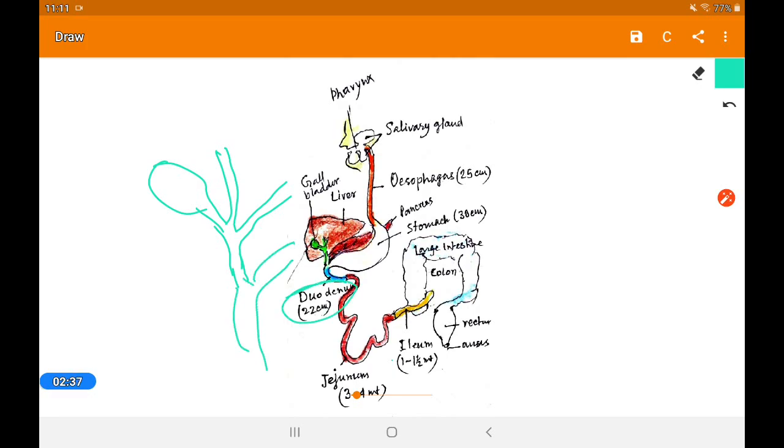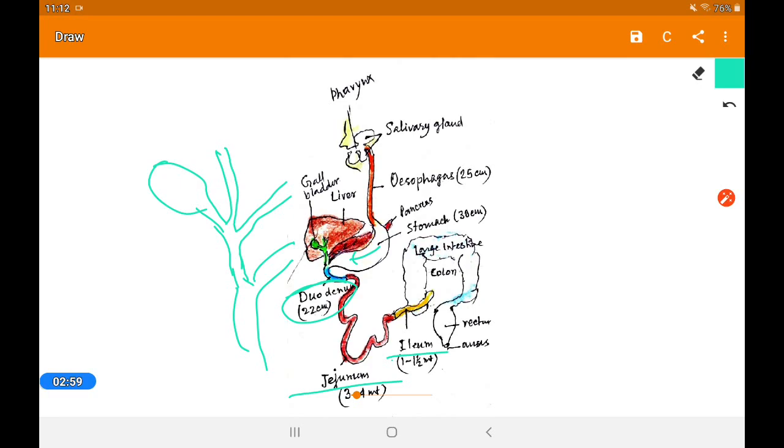The duodenum is only 22 centimeters, just from the stomach. Then the other part, the jejunum, is 3 to 4 meters, and the ileum 1 to 1.5 meters, which joins the large intestine, which is 2 meters in length.